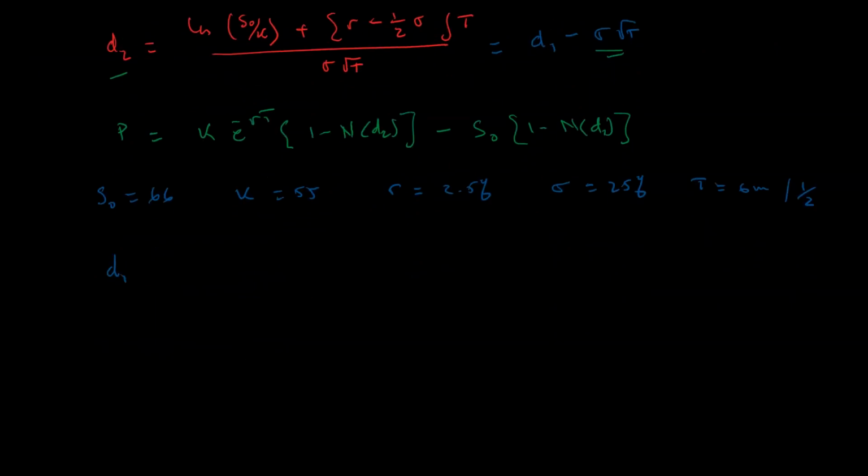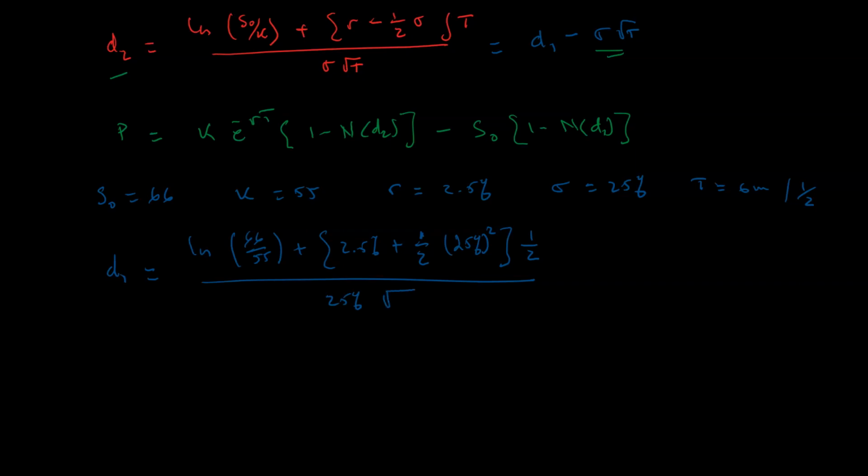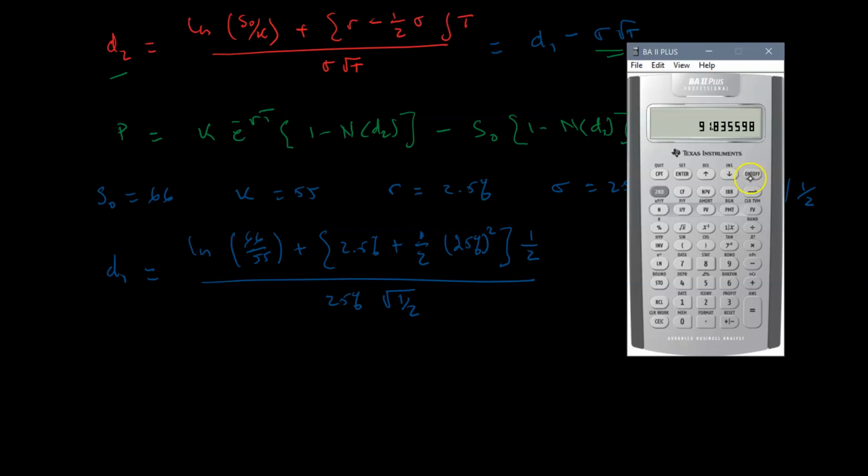So D1 would be equal to the log of 66 divided by 55 plus 2.5% plus, 1/2 of the variance, which is 25% squared, and multiply by T, which is 1/2, and we divide that by the standard deviation, which is 25%, and we have the square root of T is still the square root of 1/2 here. That's our D1, and so we can pull our financial calculator and do the math here.